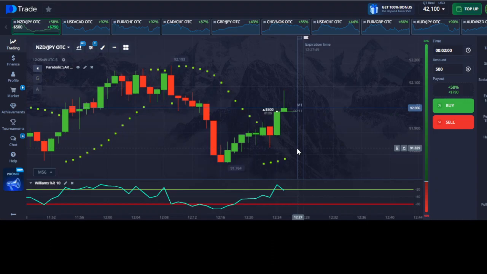Okay, it's pushing upward here. The Williams %R is holding above the 20 line.